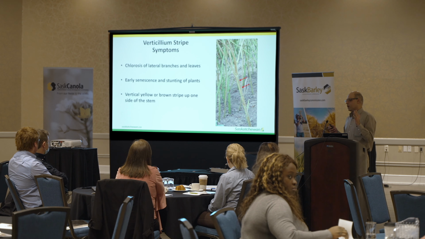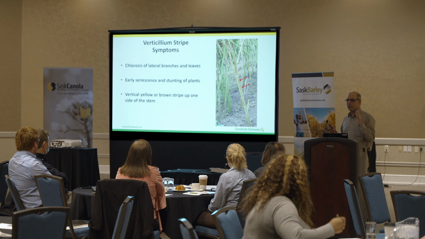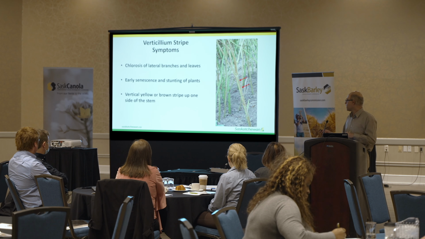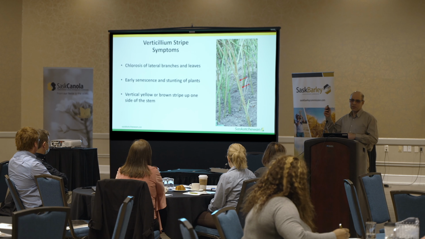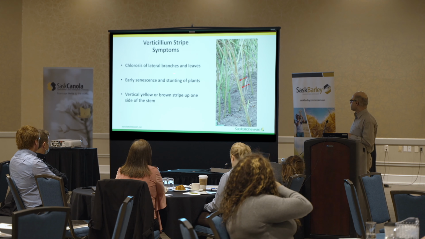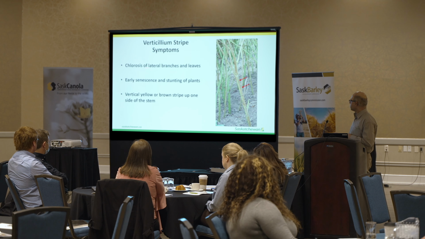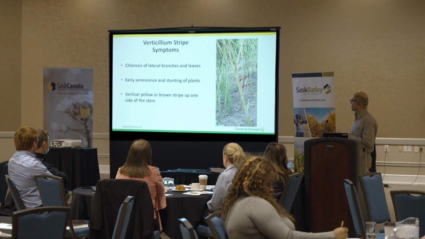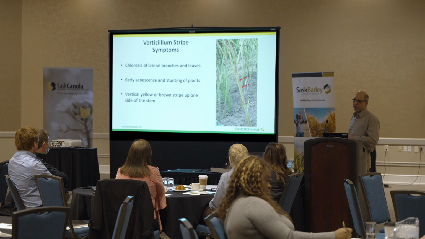So if you are closer to harvest and you walk in your field and you see stripes up one side of the plant, it's an indication of verticillium stripe. Early senescence and stunting of plants can happen. Chlorosis of lateral branches and leaves can happen. But this vertical yellow or brown stripe up one side of the stem is an indication of verticillium stripe.